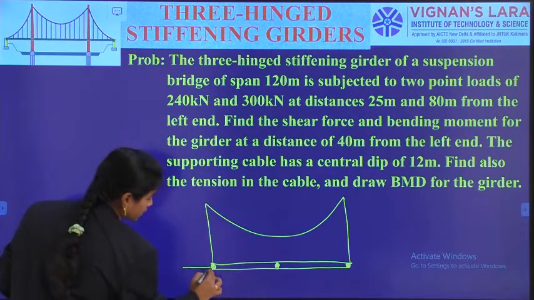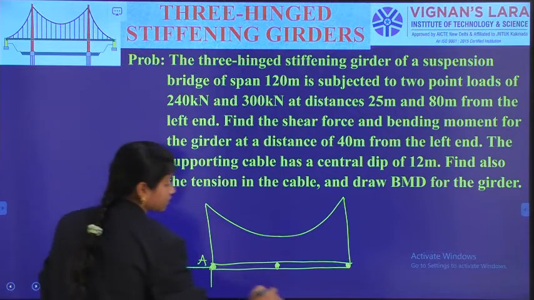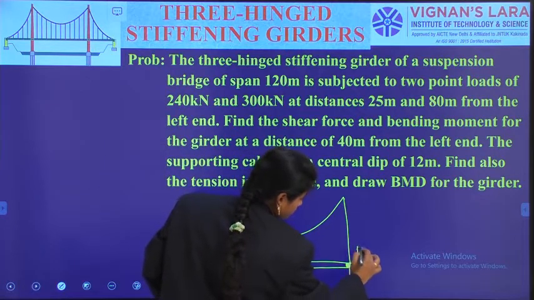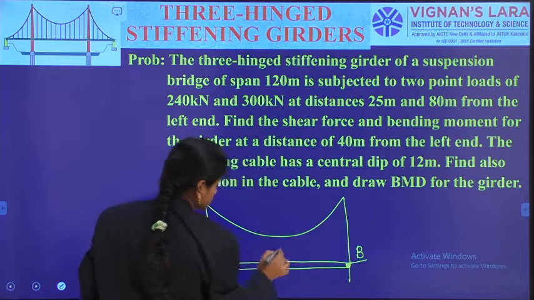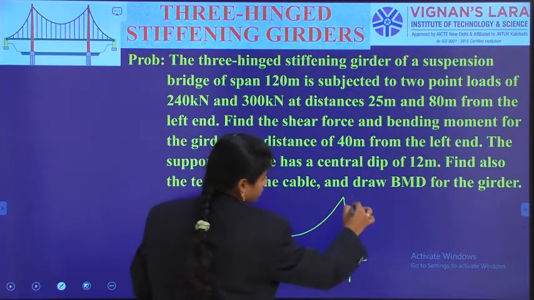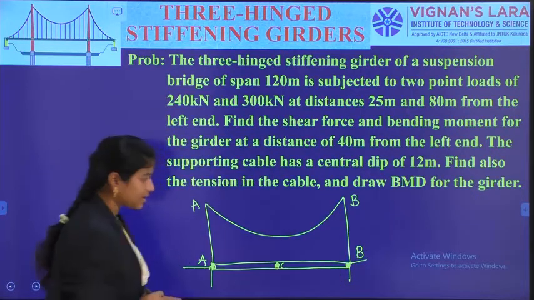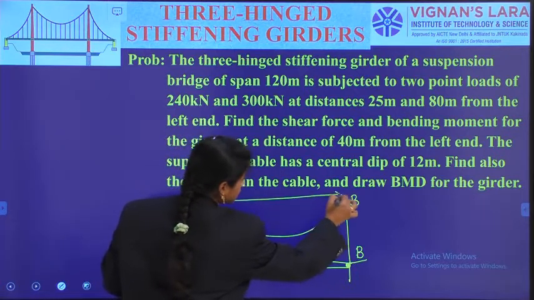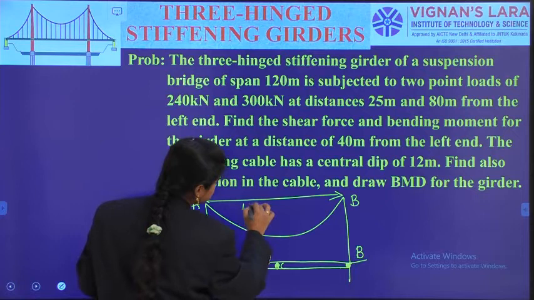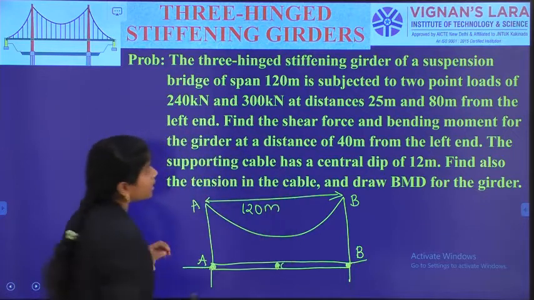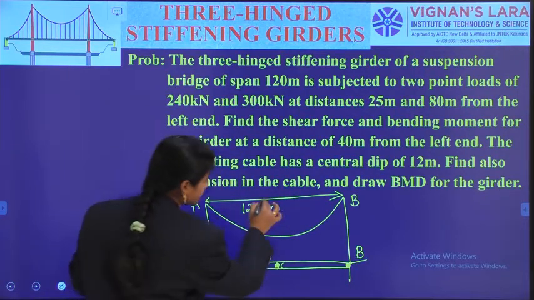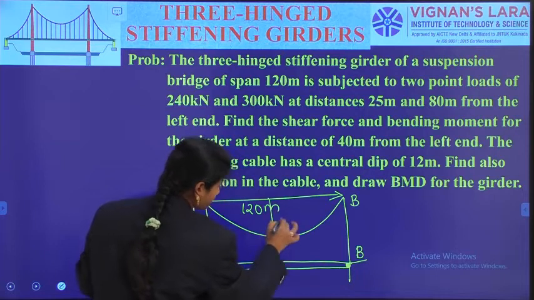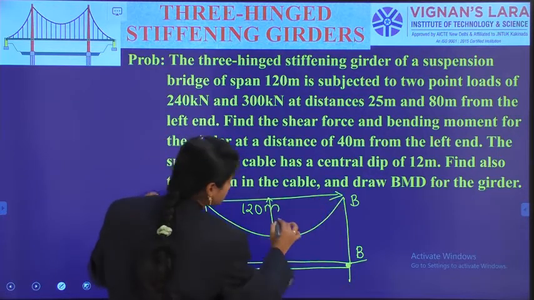If you want, you can indicate the supports as A, B, and C. This has the complete span of 120 meters as given in the problem, and it also has a central dip of 12 meters.